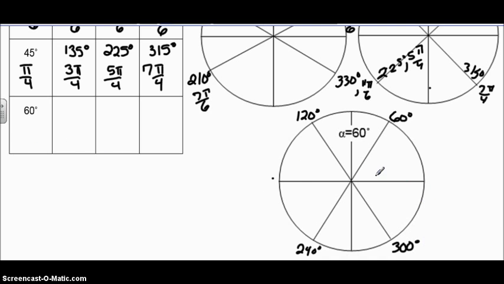And then because we divided the pi into 3 equal sections, we know that 60 degrees is pi over 3. 120 degrees is 2 pi over 3. 180, or pi, would represent 3 pi over 3, so 240 is 4 pi over 3. And 300 would be 5 pi over 3.